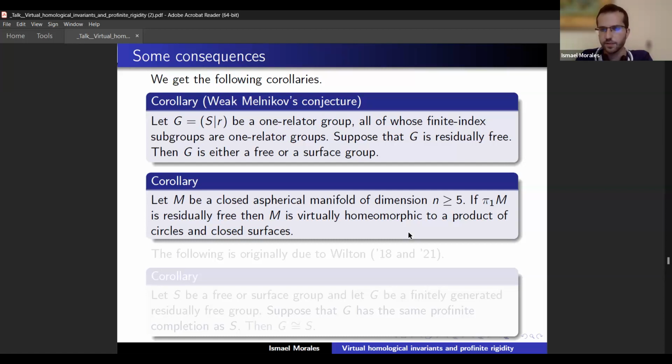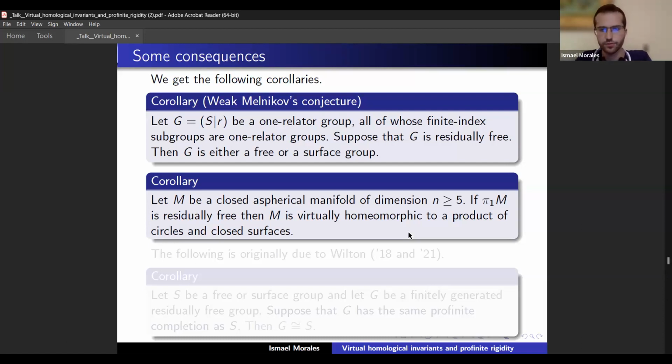The reason for this is we saw in the previous slide that having finite virtual Betti number in the top dimension of a group is very specific to free abelian groups or surfaces. And so using a lot of results on the structure of residually free groups, we can get this virtually.